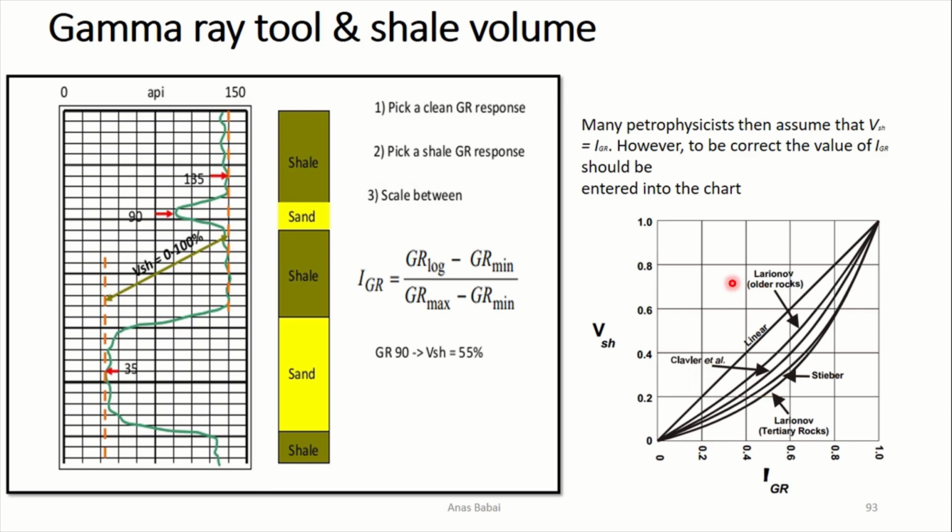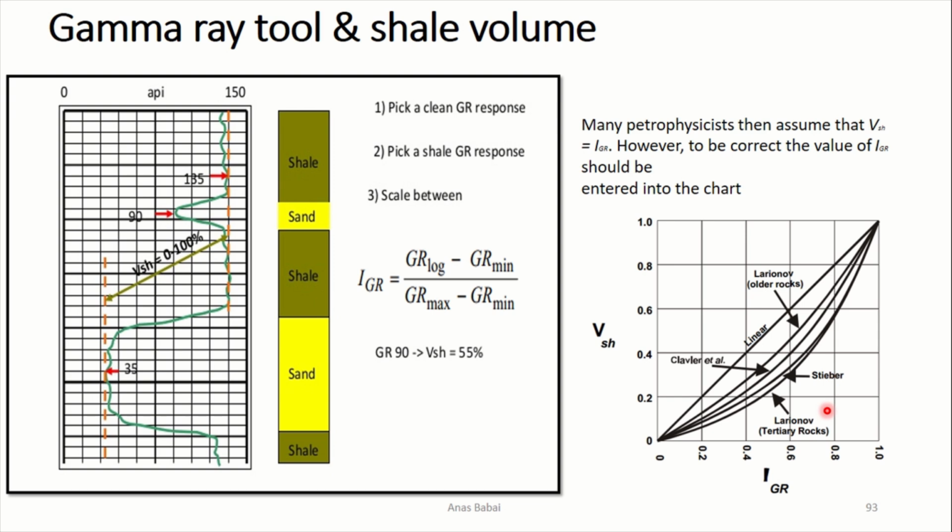So for example, if we are dealing with older rocks, we will go for Larionov. So for example, if we have a gamma ray index value of 0.6, the equivalent volume of shale is around 0.48 or 0.49.